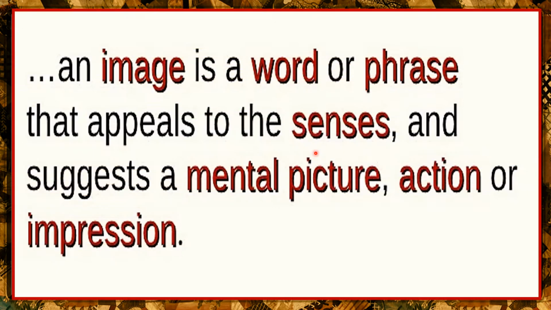Next, image. Image is a word or phrase that appeals to the senses and suggests a mental picture, action, or impression. So examples of images, class, are the different emoticons. When you ask a person how is she or how is he, he or she is going to send you an emoticon.